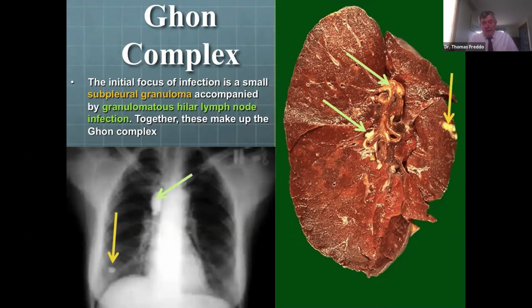And then a hilar node, again depicted here in green on both the left and the right. Together, these subpleural granulomas and granulomatous infiltration of the hilus of the lung constitute what is referred to as the Ghon complex.